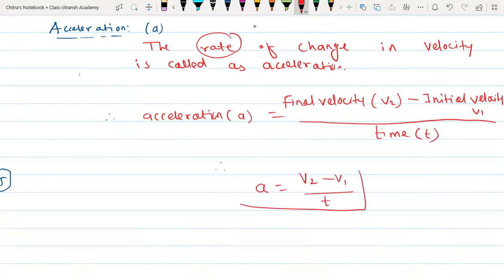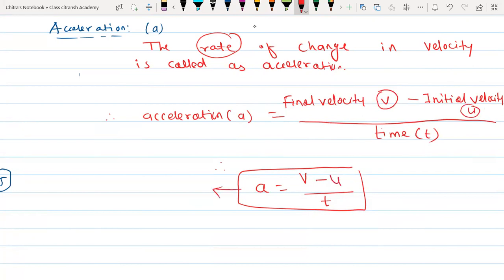And one more thing, final velocity is also represented by v, and initial velocity is represented by u. So we have to write v here and u here. Let me make a little change here. Therefore, A equals v minus u divided by t.